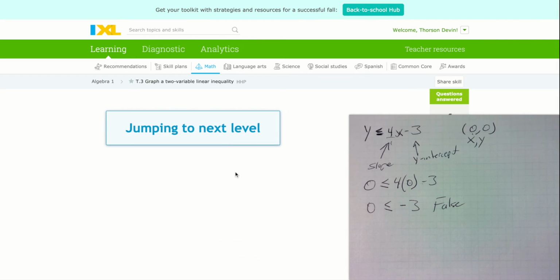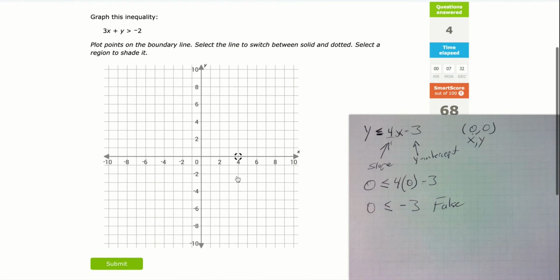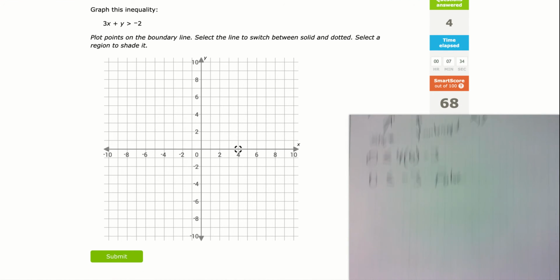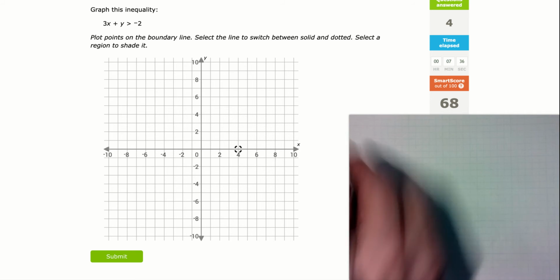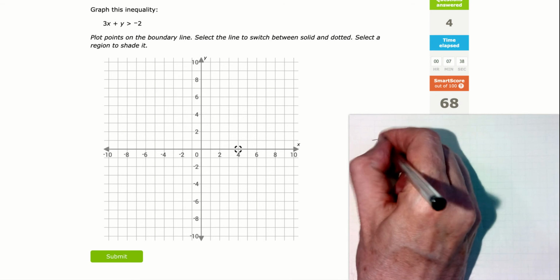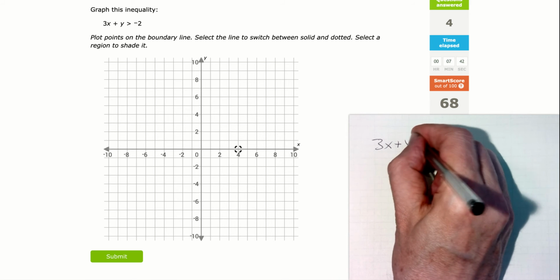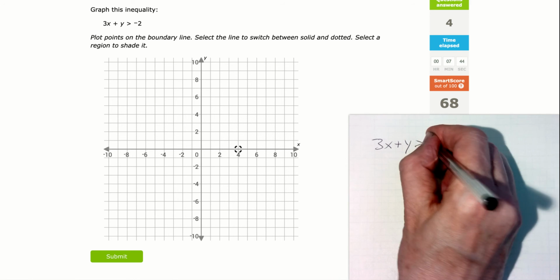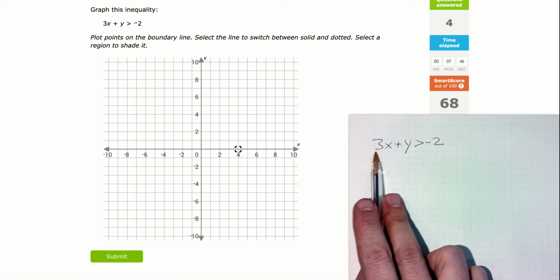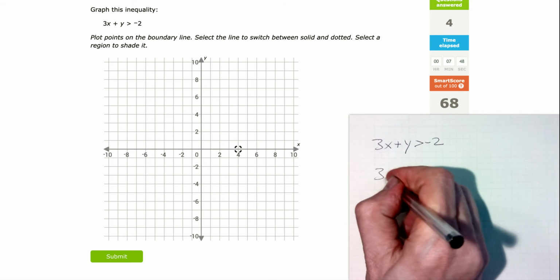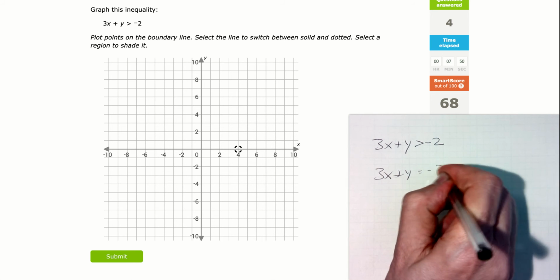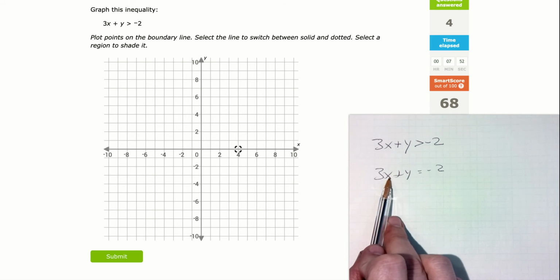Eventually, though, they're going to get to some equations that are not written in slope-intercept form. The way I do these is I find my x and y intercepts to graph it first, and then I look at the inequality. What I mean by that is I'm just going to treat it as 3x plus y equals -2, and I'm going to find my x and y intercepts.